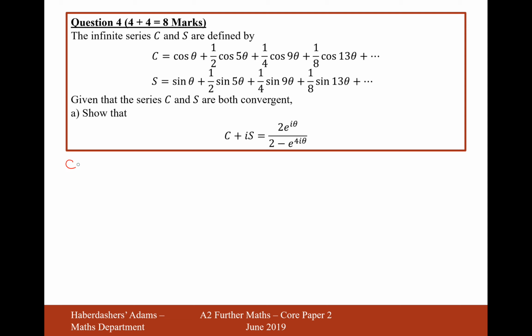Okay, well let's write out first of all what C plus iS is equal to, and let's just do it in the columns. So it's going to be cos theta plus i sine theta.